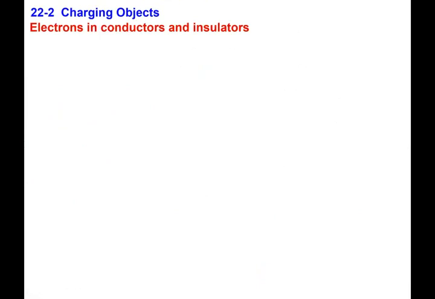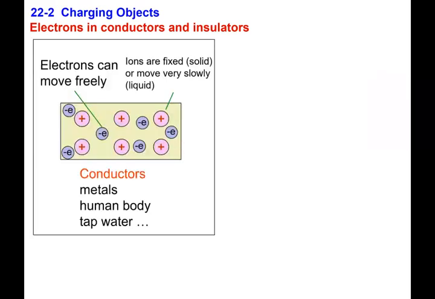So now we're going to be speaking about, we already introduced how we can charge an object in an insulator, because we've seen how we can charge a balloon. Now, the materials are usually separated into conductors, and a conductor is a material that has free electrons that can move around.